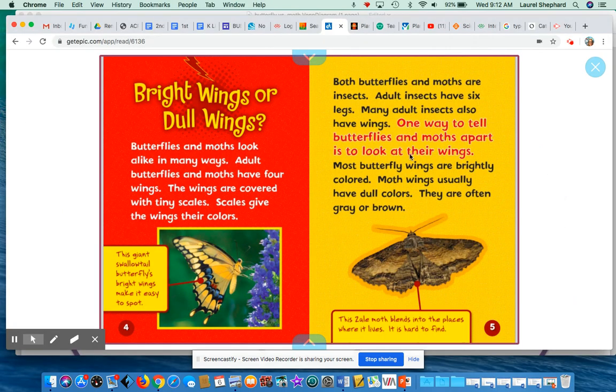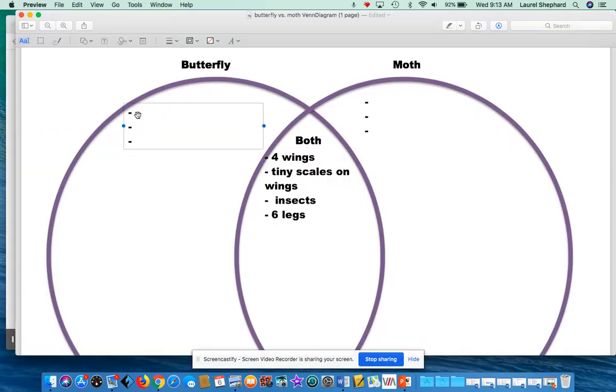Here's the big red writing. One way to tell butterflies and moths apart is to look at their wings. Most butterfly wings are brightly colored. Moth wings usually have dull colors. They are often gray or brown. So I'm hearing how they're different. So I'm going to go back to my Venn diagram.